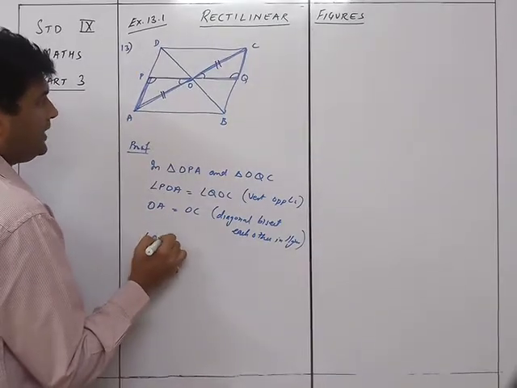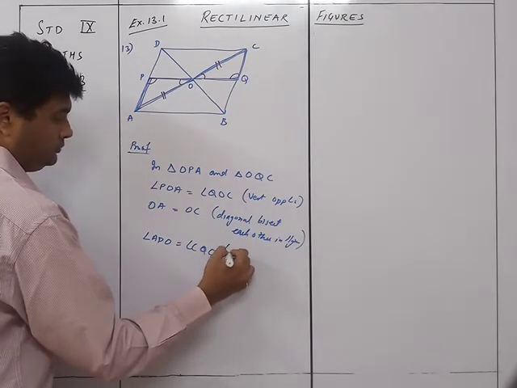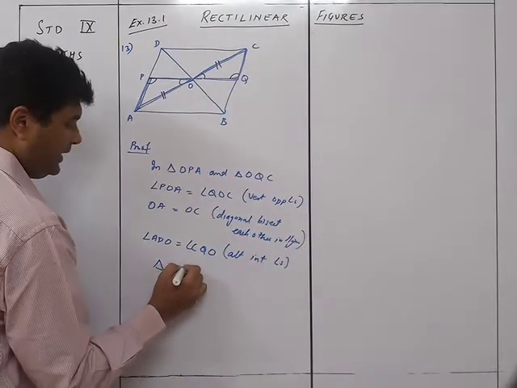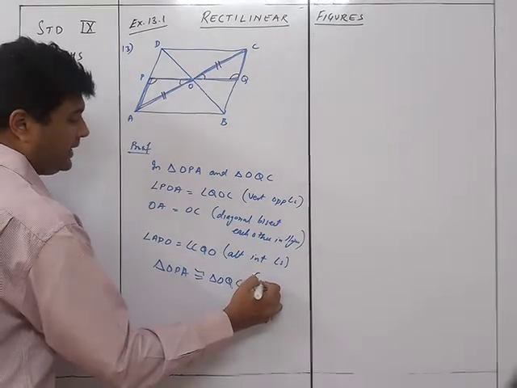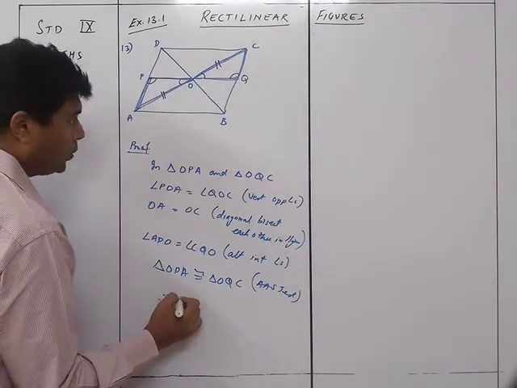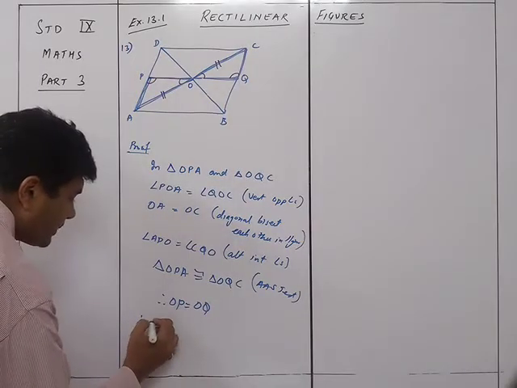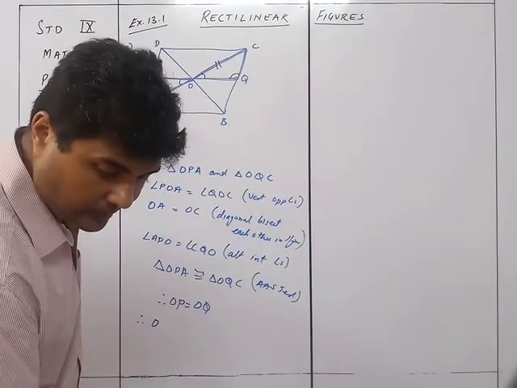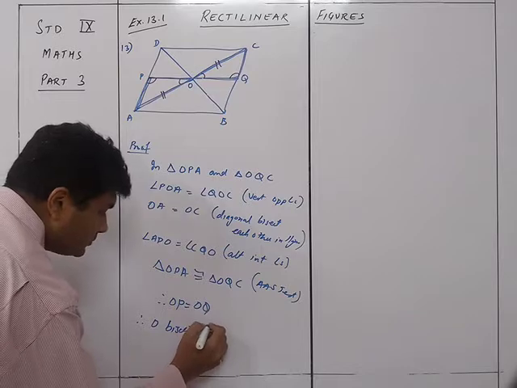Angle APO is equal to angle CQO, alternate interior angles. Therefore, triangle OPA is congruent to triangle OQC by AAS test. Therefore, OP is equal to OQ. Therefore, O bisects PQ.